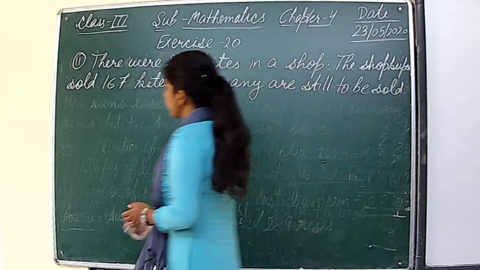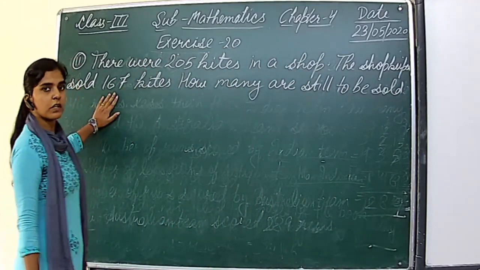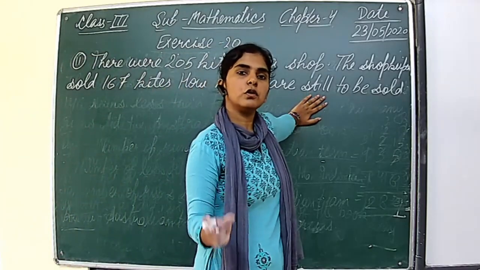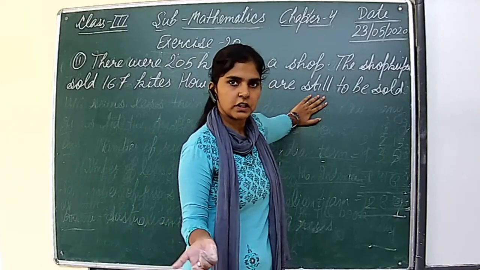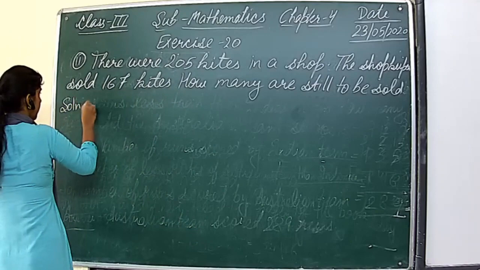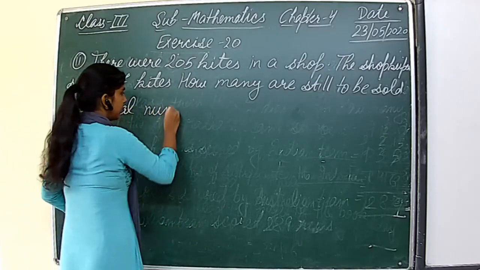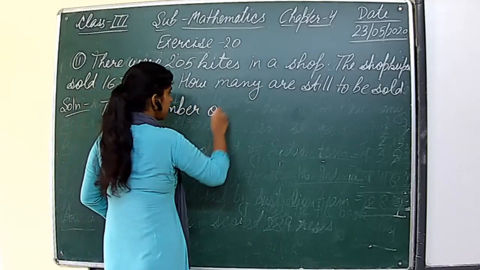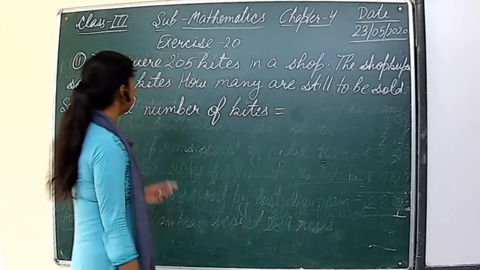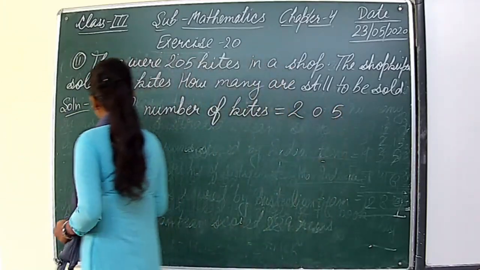So what is the total number of kites? 205. And how many kites were sold? 167. So to find the number of kites still to be sold, we need to subtract the numbers, right? So let's start. Total number of kites is equal to 205. Okay.